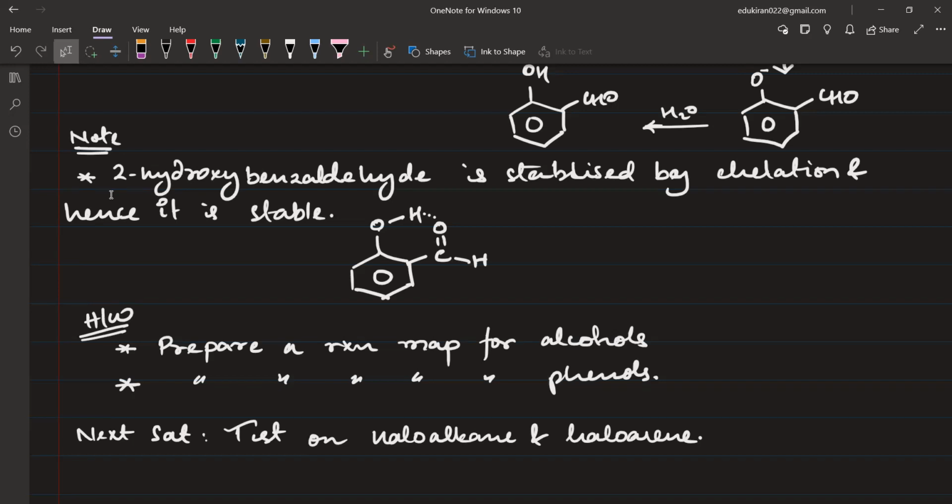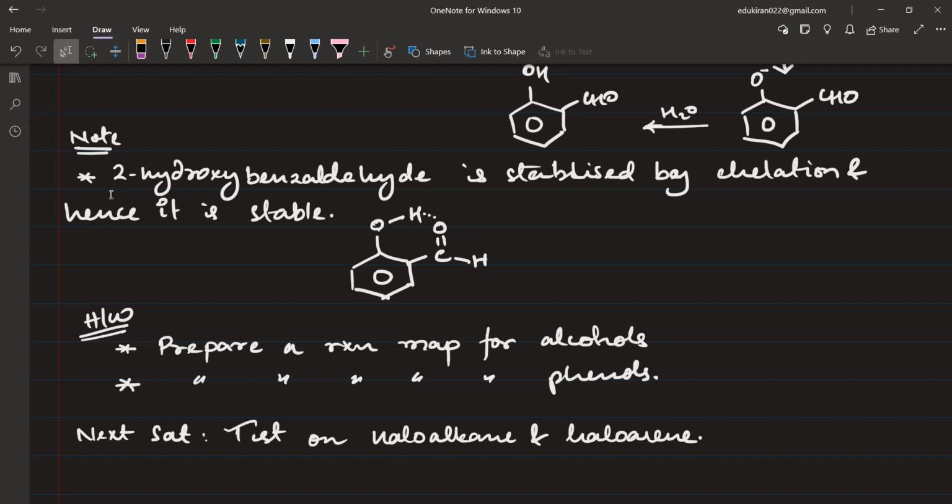So there are a few things in alcohol and phenol, like how to distinguish between primary, secondary, and tertiary. We know it by Lucas reagent. There is also one more test, that is Victor Meyer's test. Then there is oxidation reaction. Then there is reduction with copper metal also, right?